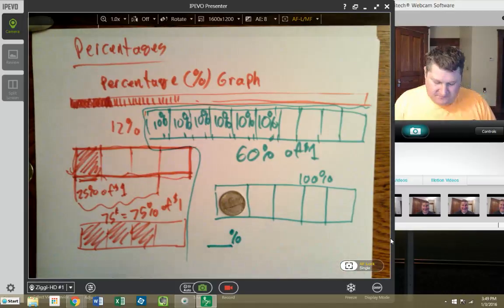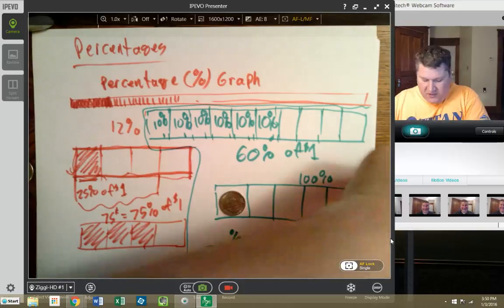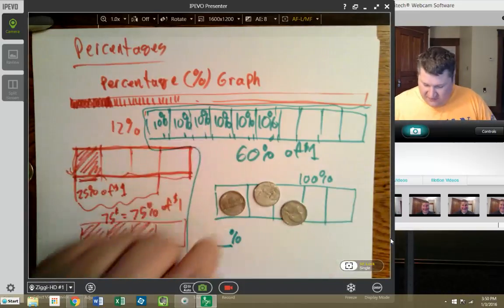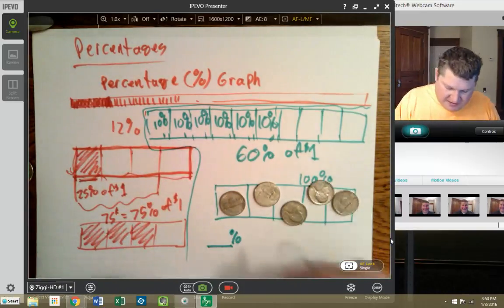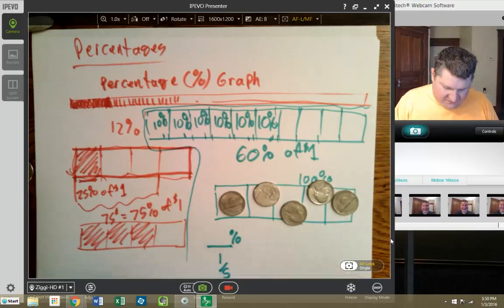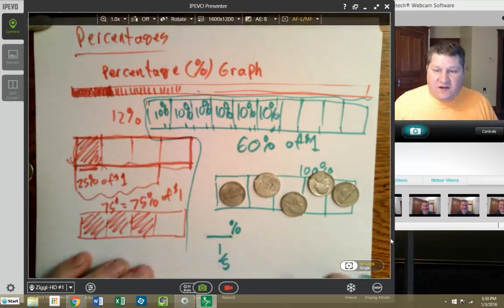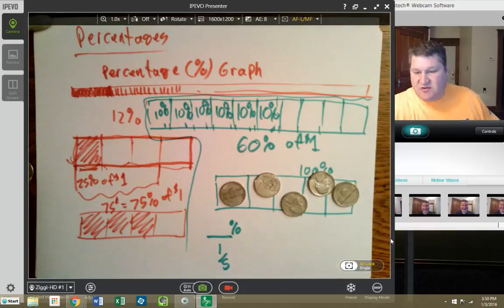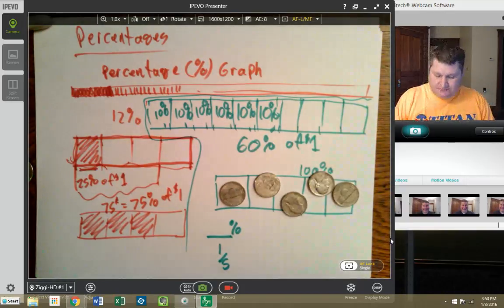All right. Well, the answer is a little easier to find than you think, because there were a total of 5 nickels. So I have 1/5. Well, if I have a fraction, 1/5, I can turn that into a decimal fairly easily. How do I turn fractions into decimals?